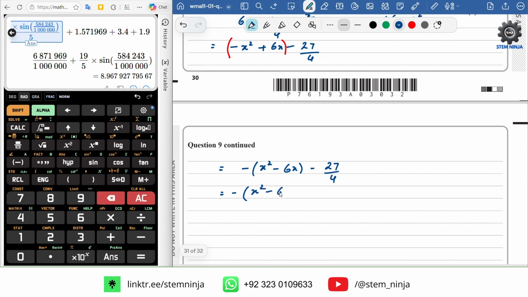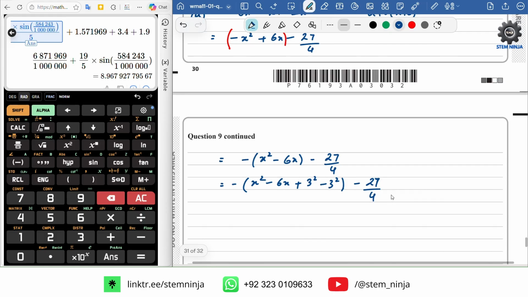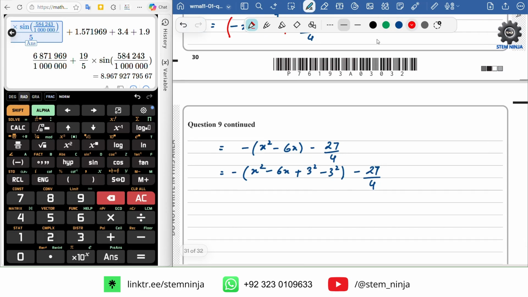This would be x squared minus 6x plus 3 squared minus 3 squared, because 6 divided by 2 is 3, minus 27 over 4. So one thing to remember, this minus will also multiply with this minus 3 squared, to bring it out.